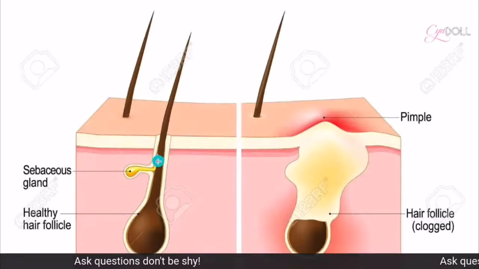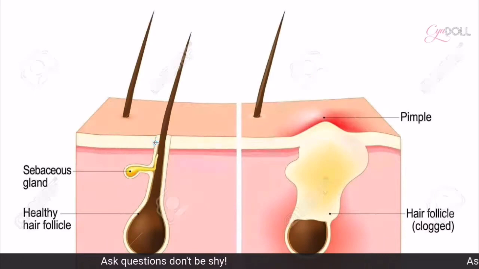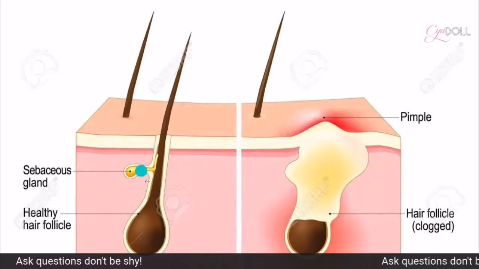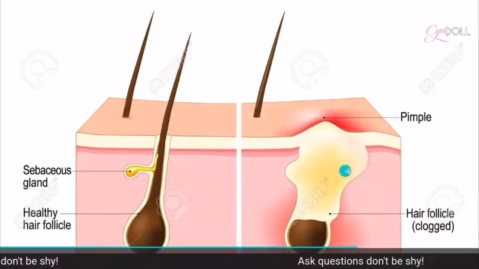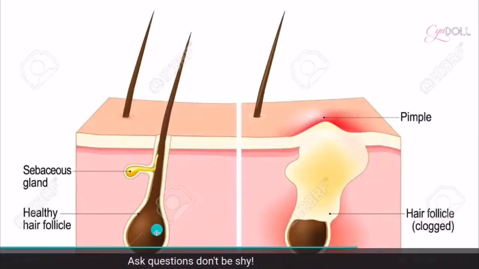So your hair shaft is growing out of the follicle coated in oil. But it's not if you're filling these holes up with products. It's not doing it. This is what happens when the follicle is clogged. Look at this. The healthy one is narrow. There's nothing else in there.